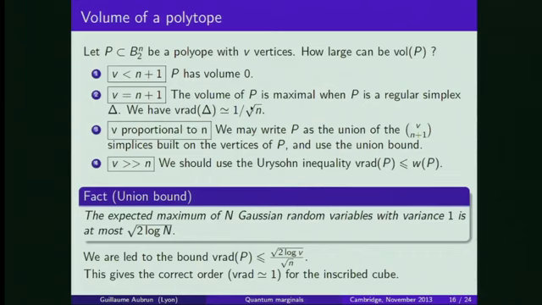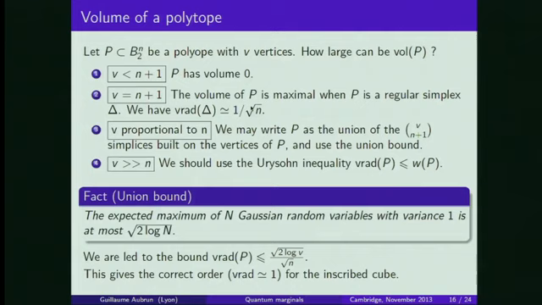If you take n Gaussian variables with variance 1, and look at the maximum, the expectation is bounded by square root of 2 log n. And this square root of 2 log x function is the inverse function to the exponential of x squared over 2, which appears in the Gaussian density. So it comes from here.